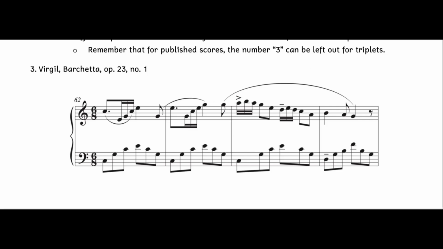Okay, number 3 is in 6/8, which is compound duple. This time, a dotted quarter note is worth 1 beat. Now, if we use a dotted quarter note as the beat, we know that divides equally into 3 eighth notes.